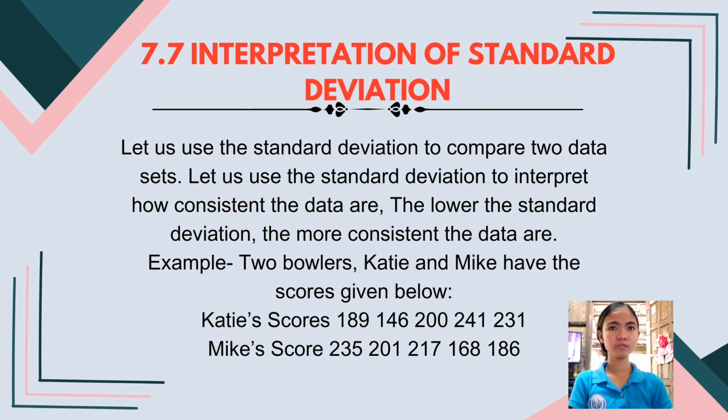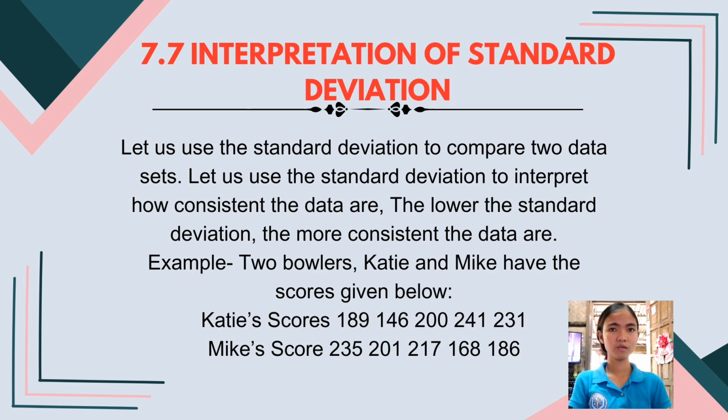So, 7.7 interpretation of standard deviation. So, let us use the standard deviation to compare two data sets and to interpret how consistent the data are. The lower the standard deviation, the more consistent the data are.